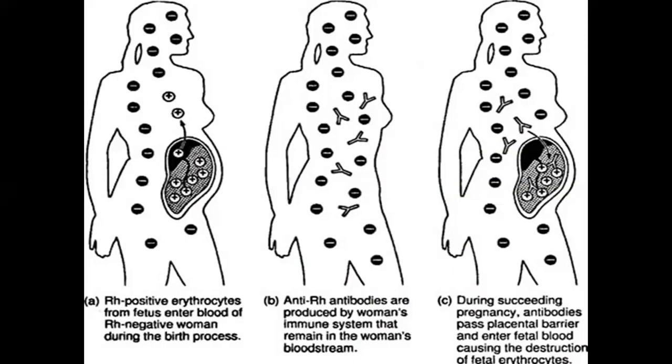So this is a diagram from your physiology book, and this is hemolytic incompatibility of Rh factor. If the first pregnancy is positive and the mother is negative, there is going to be formation of antibodies in the mother. In the second pregnancy, there is going to be type 2 hypersensitivity reaction, and that may cause fetal death.